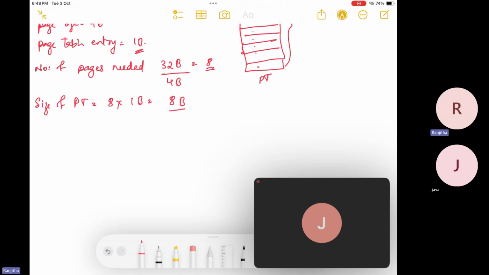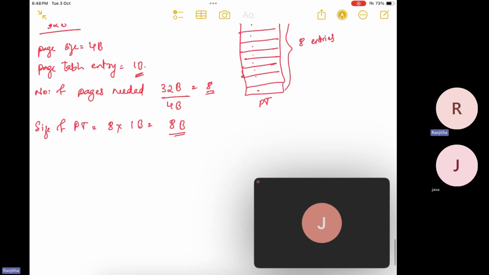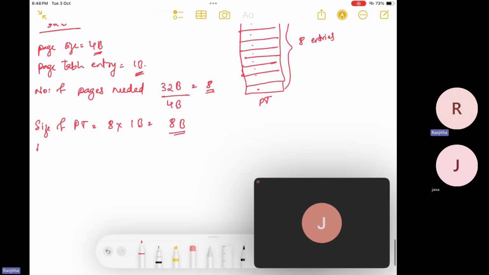So we need 8 bytes to store the page table. But we know our page size is only 4 bytes. So how many pages will we need to store the page table? We need 8 by 4, which is 2 pages.